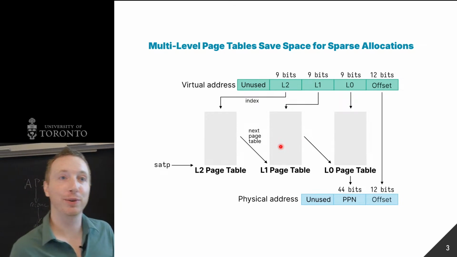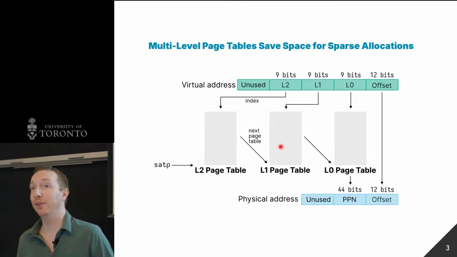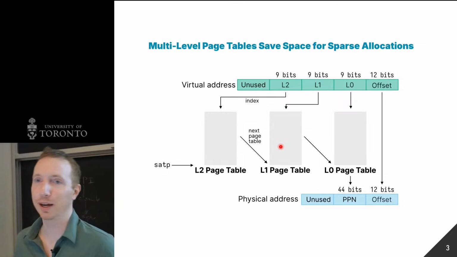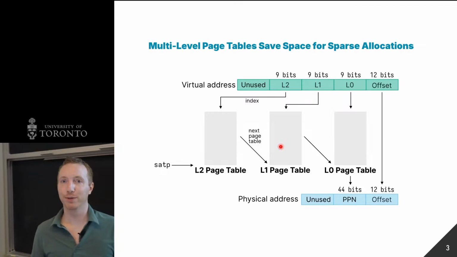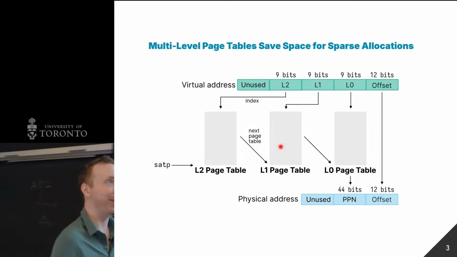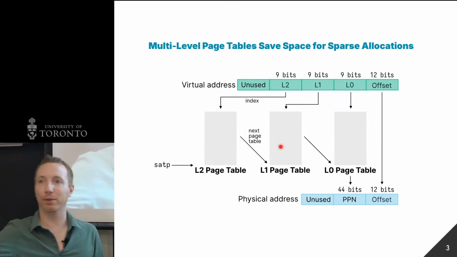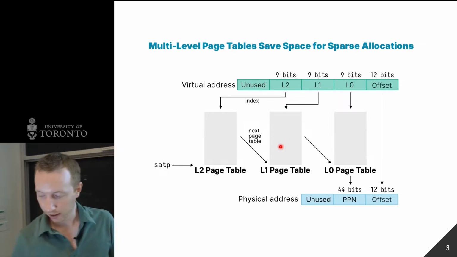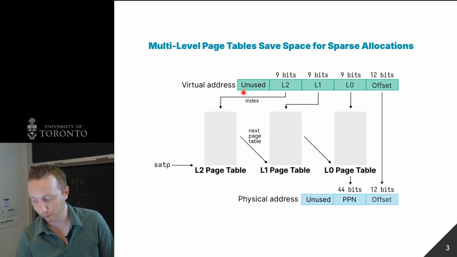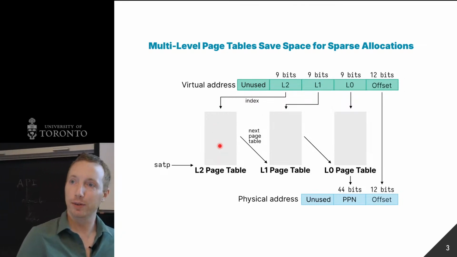So in order to do a single memory access, how many memory accesses do I have to do to actually do the original memory access I wanted? 4, right? So before, if I just had physical memory, I just had the original memory access, I just load it, whatever it is. Now, if I do this, I have to have a memory access to look up the entry in the L2 page table.